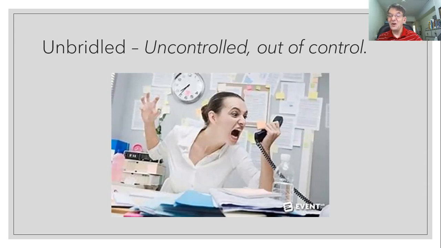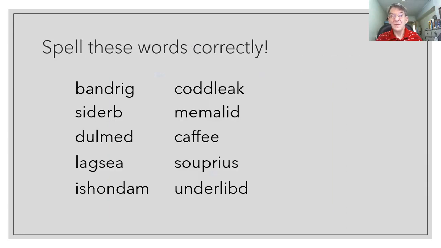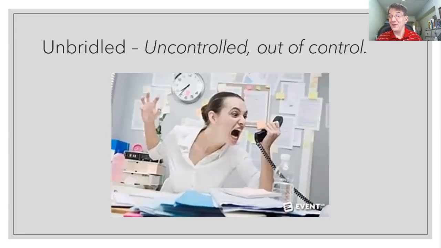And so her behavior is completely unbridled because she is completely out of control. And so those are the vocabulary words that I asked you to look up for this week.